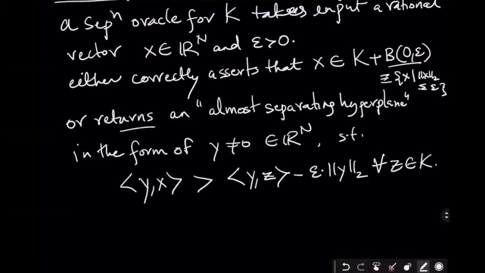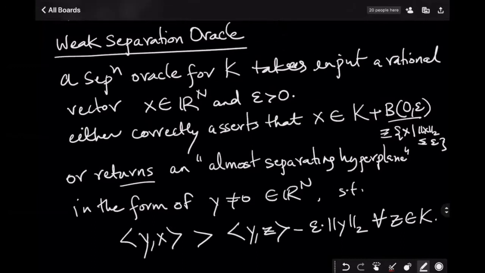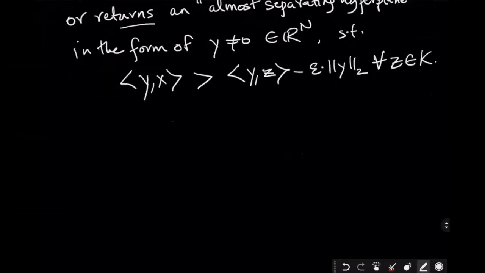Okay, so let me explain to you what this is doing by means of a diagram. So let's say your K looks like this. It's a very idealized convex set K. So the enlargement with epsilon ball of K looks like this. And there is some internal shell that looks like this.